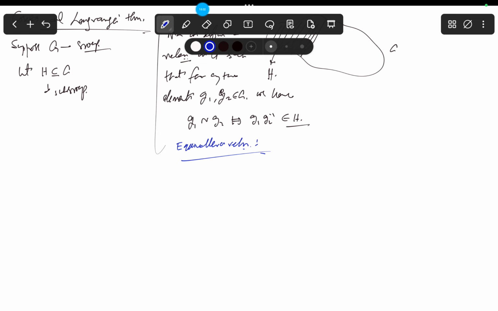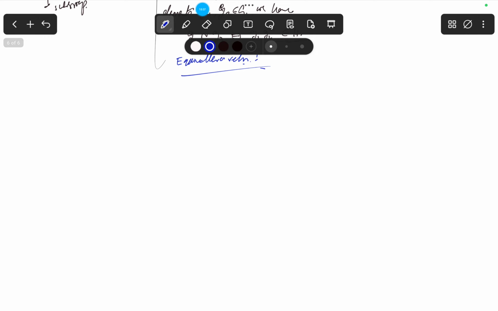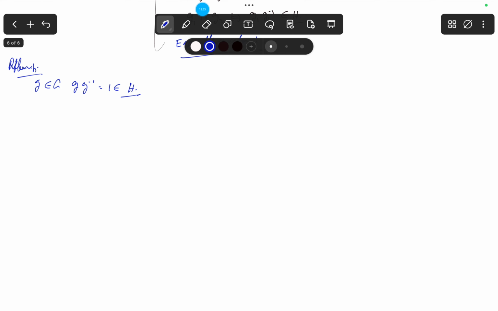The check is very straightforward. First, reflexivity: let G belong to G. Then G G inverse is 1, the identity element, which belongs to H. And so of course G is related to G, so the relation is reflexive.